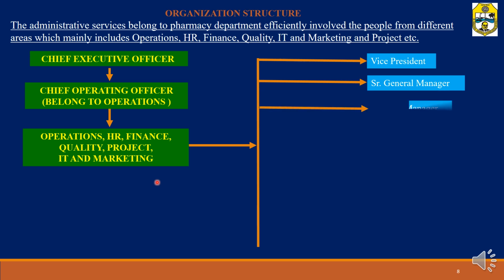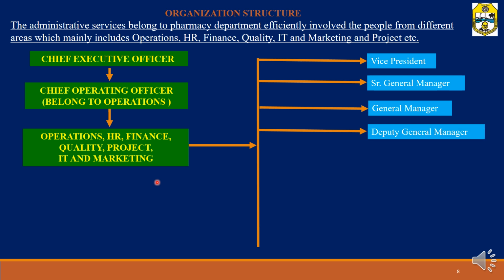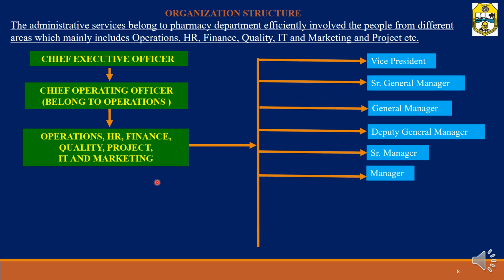Then next to the senior general manager there is a general manager, also called a GM. Just after the GM there is a deputy general manager, abbreviated as DGM. After the deputy general manager there is a senior manager, then a manager, or we can say a pharmacy manager.